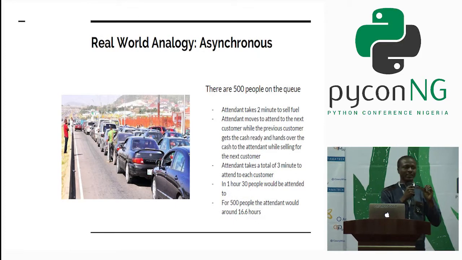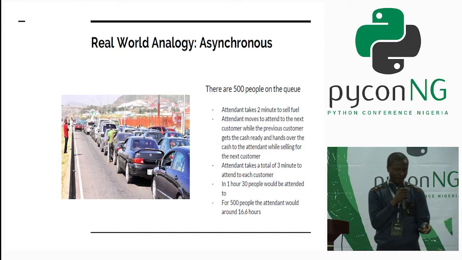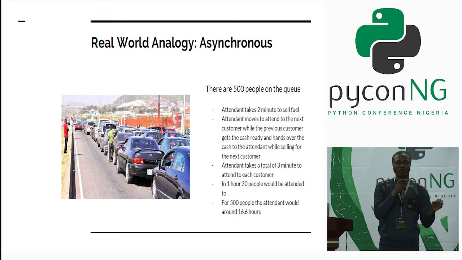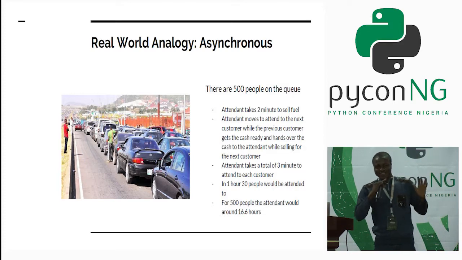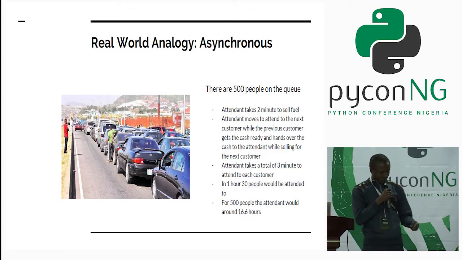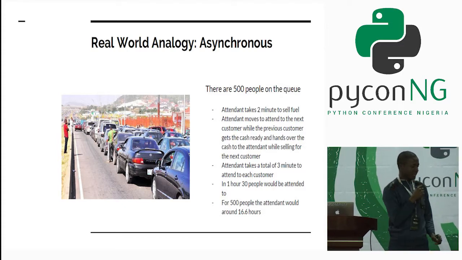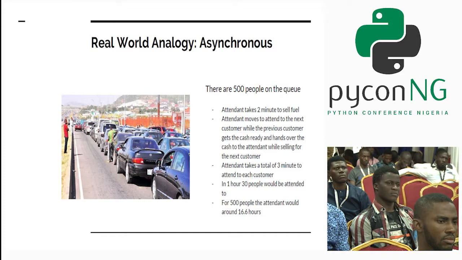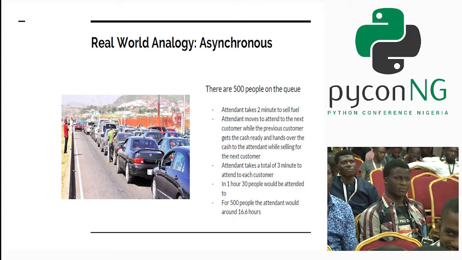Don't forget it takes 3 minutes to attend to one person: 2 minutes to sell the fuel into the tank, and 1 minute to collect the money. In an asynchronous way, you fuel the tank for 2 minutes, and while the customer is still counting the money, you move to the next person. I know it's not ideal in Nigeria, you might not want to trust the customer to count the money and give it to you.